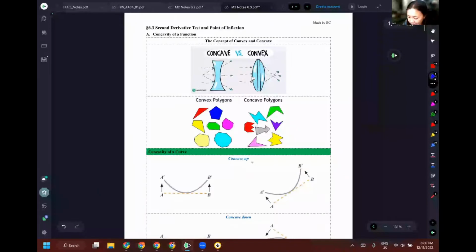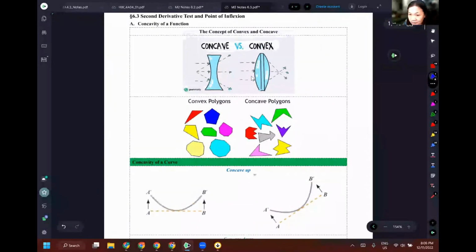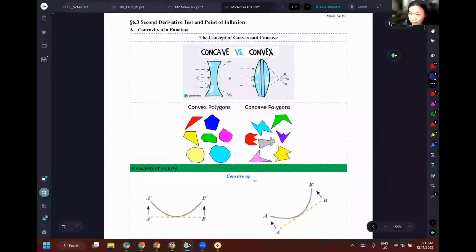The concave and convex, this concept, if we're talking about in an actual object of substance like the lenses, it's obvious which one is convex and which one is concave.